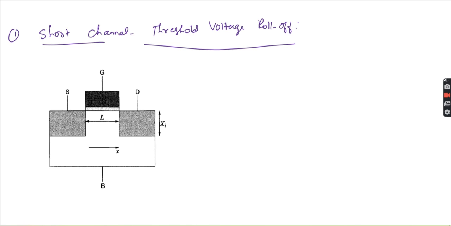First is threshold voltage roll-off. Here we are showing a schematic of a MOS transistor. This will be N plus, this is N plus, and the substrate is P. The capital L shown here is nothing but the channel length.